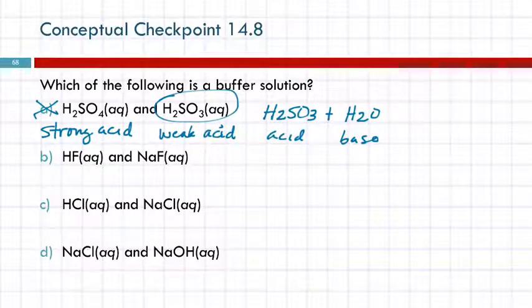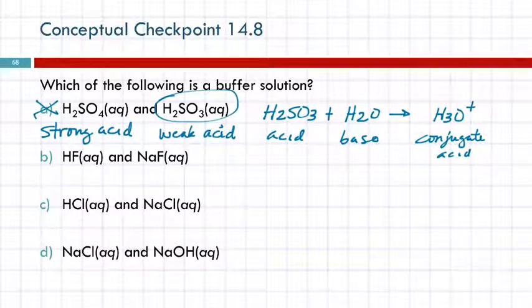The base is the babysitter. So the base is going to take the hydrogen ion, becoming a conjugate acid. This will be the conjugate acid. And this will be our, I'll call it CB, the conjugate base. I ran out of space.